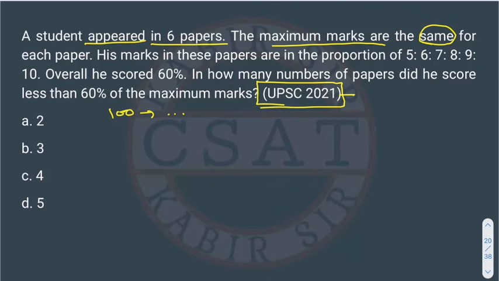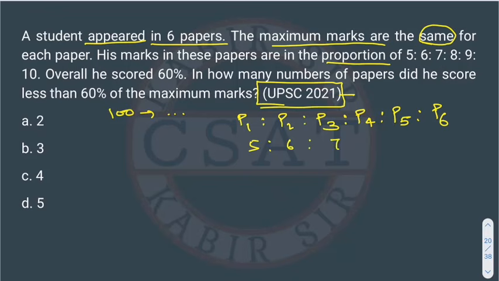His marks in these papers are in proportion. So now they have given the marks in proportion. If you remember ratio and proportion, we write it like this, right? So how many subjects are there? 6, and he is getting marks in the proportion of 5:6:7:8:9:10. If you remember, if we want to remove this proportion sign, what do we do?